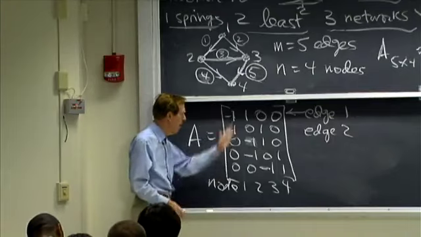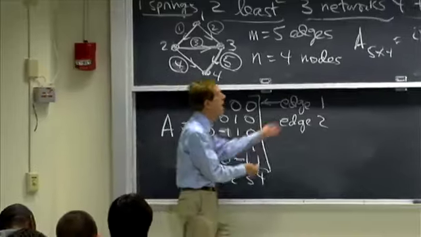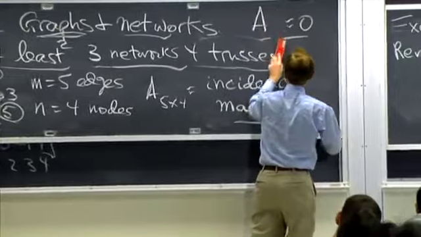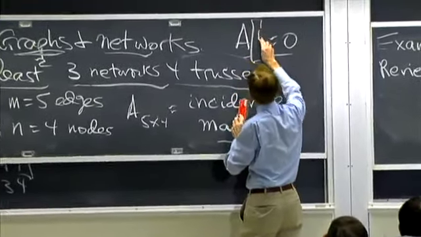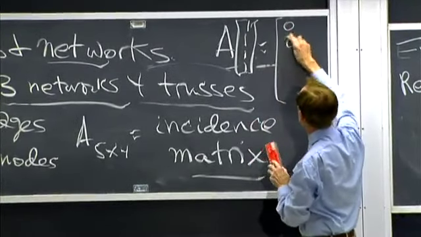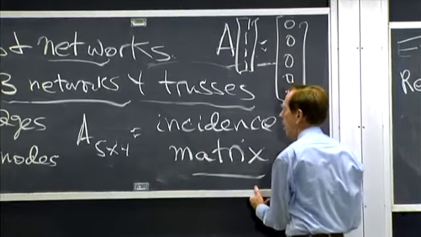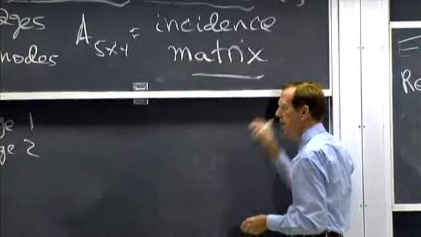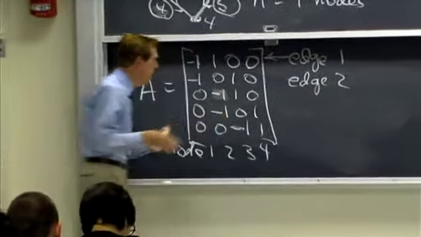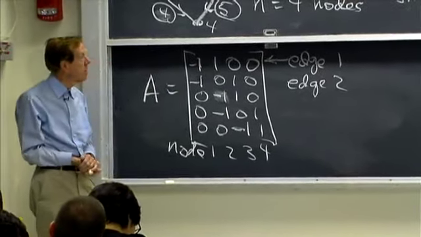A times 1, 1, 1, 1 is 5 zeros, right? So that particular u of all ones is, I would say, in the null space of the matrix. The null space is all the solutions to Au equals 0.